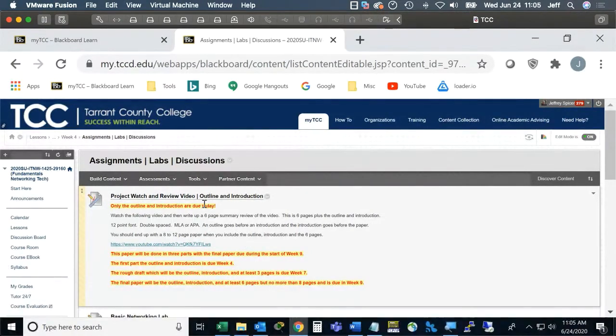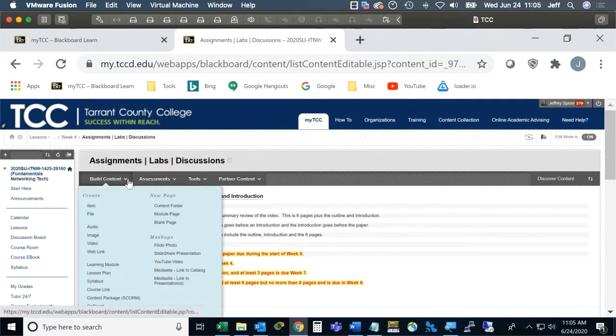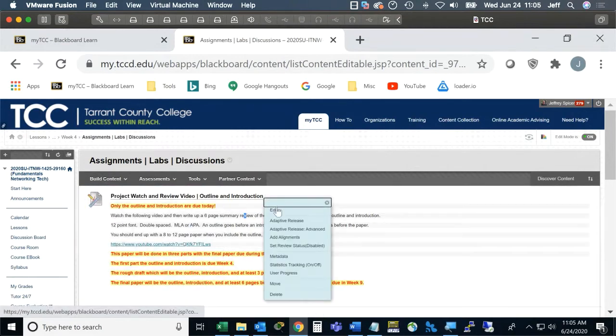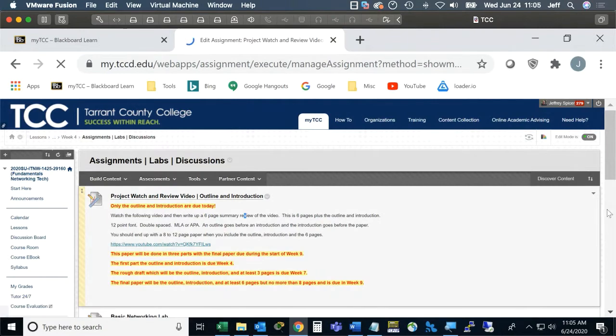Yeah. I'll change that to this week. That's a good observation. This used to be, in the face-to-face classes, I had a due date of when we met. So yeah, now it doesn't apply online.